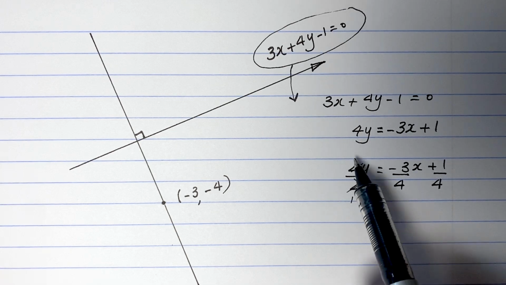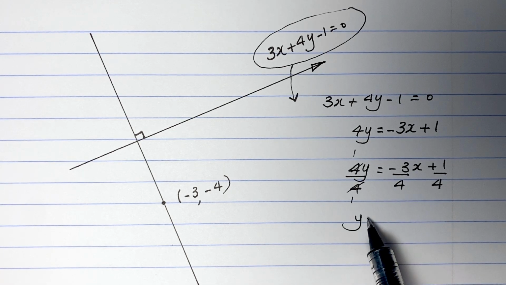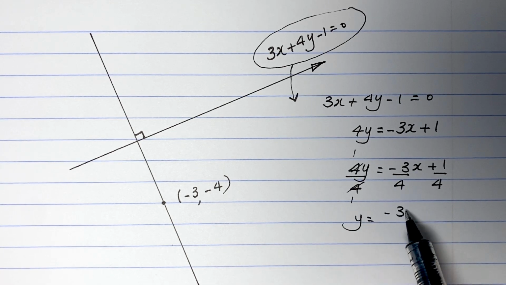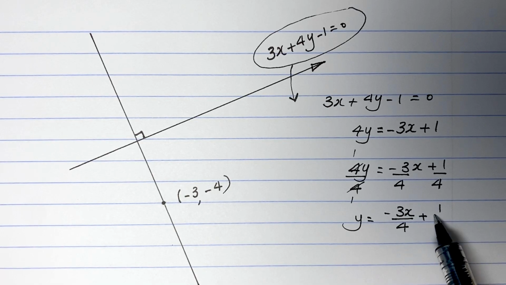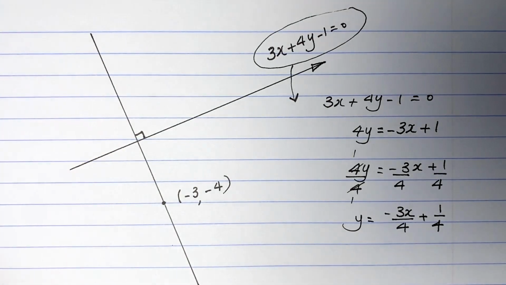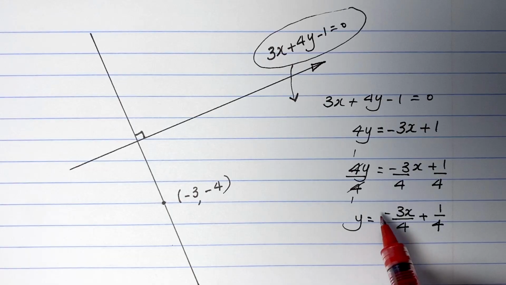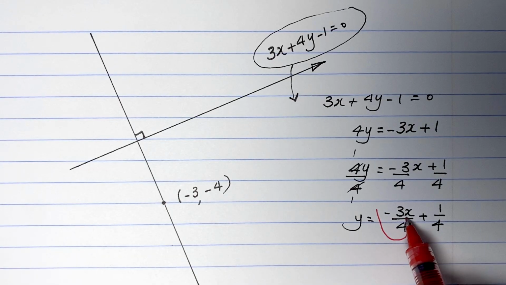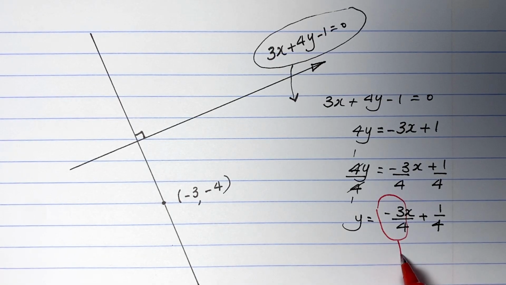So 4 and 4 cancel. So y equals minus 3x over 4 plus a quarter. Now I know the m of this line. The m of this line is the coefficient of x when y is the subject. This is the m of the given line.